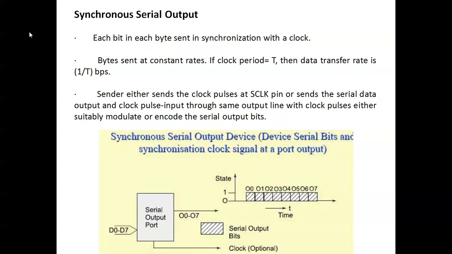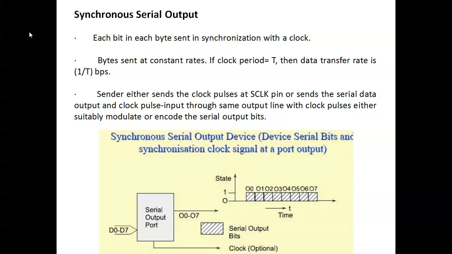And synchronous serial output. Each bit in each byte is sent in synchronization with the clock. Bytes are sent at constant rates.